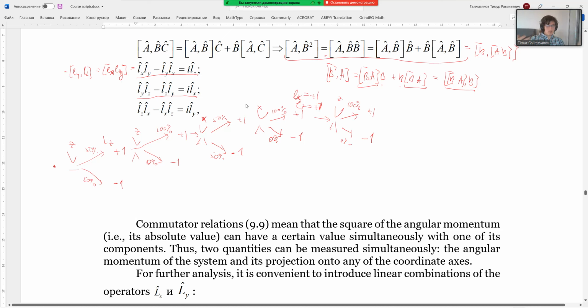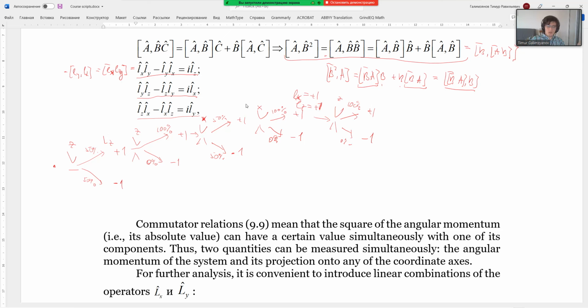That is what would be in classical mechanics, but we do not work in classical mechanics, we are in quantum mechanics, and we found that Lx and Lz do not commute with each other, so they cannot be measured together. That means that when you measure the x projection of the angular momentum, you erase information about the z projection.